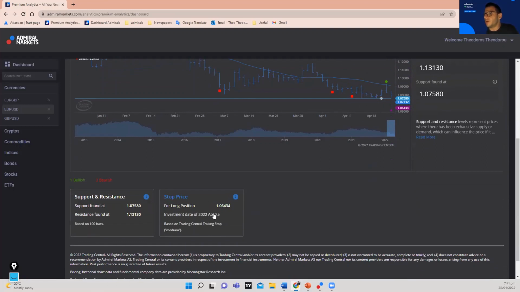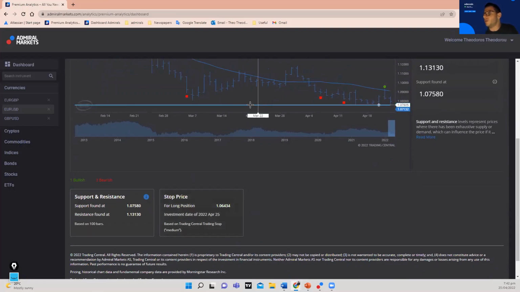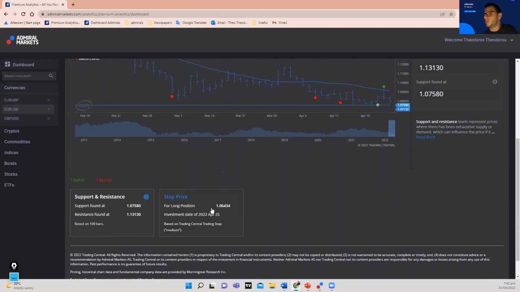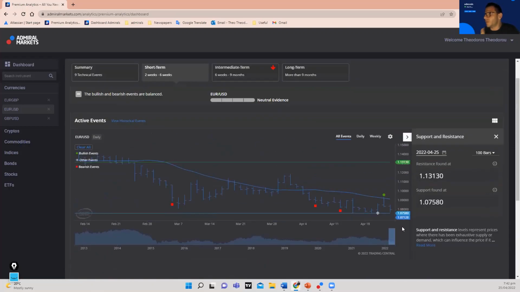But again, it's telling you that if you are buying this support zone, it's the same stop loss area. You can use it. By all means, you can use any stop loss area you want. It's just a recommendation based on the current market condition, and there's also a disclaimer about this information.